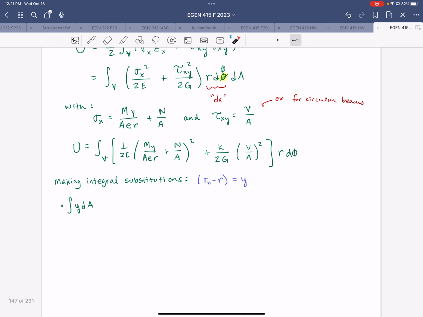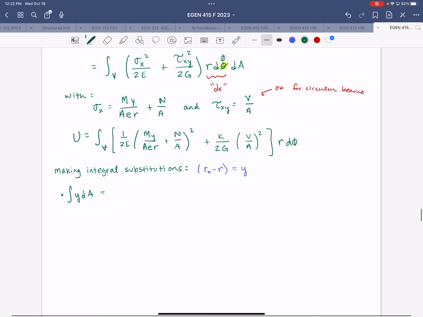So when we see the integral of y showing up in this equation, that's the integral over the area of Rn minus R dA, which would be Rn times area minus the integral over the area of the variable R.